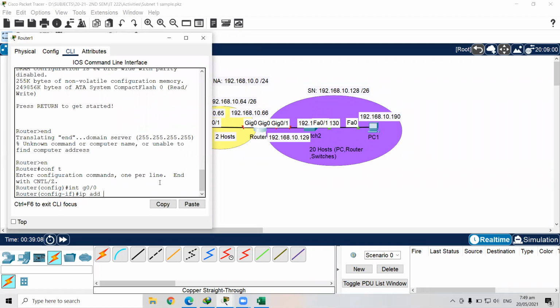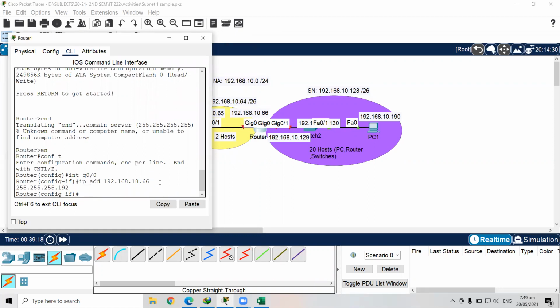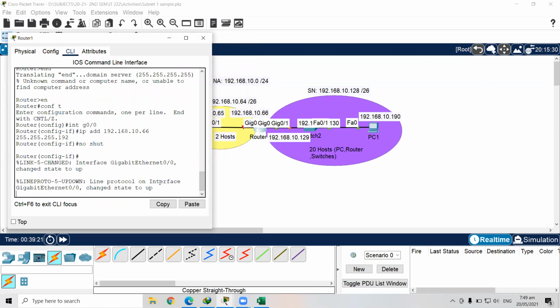IP add 192.168.10.66, 255.255.255.192. Ay, baliktad. Bakit iba yung nag-ilaw?